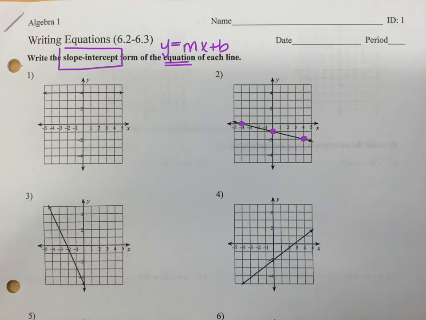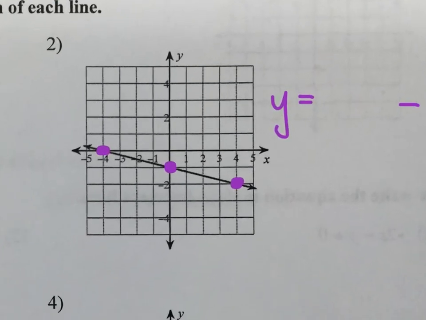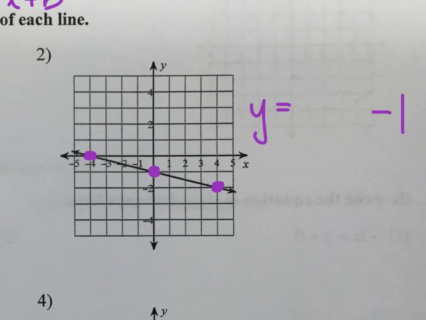So when I'm writing my equation, I know that I started at -1. That's this value out here on its own, this b value, because it's the y-intercept. Now I want to count my slope, and just like you did yesterday, we're going to use rise over run to count it. If I zoom in here, think about where you would start writing your name. That's where you start counting, right here.